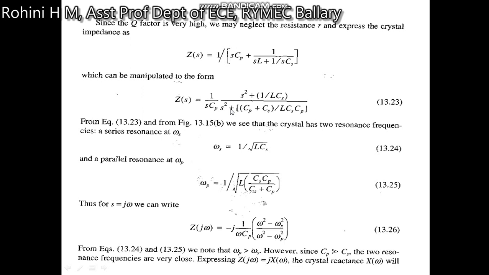The crystal oscillator has two resonance frequencies, a series resonance omega S and a parallel resonance omega P, each given by these expressions. The impedance of the circuit is given by this expression.